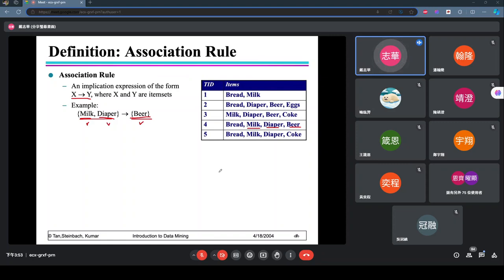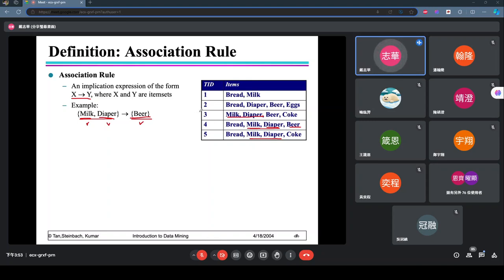So as I said, the association rule is kind of an implicit conditional probability: when milk and diaper happen. Okay, we have three transactions that contain milk and diaper.